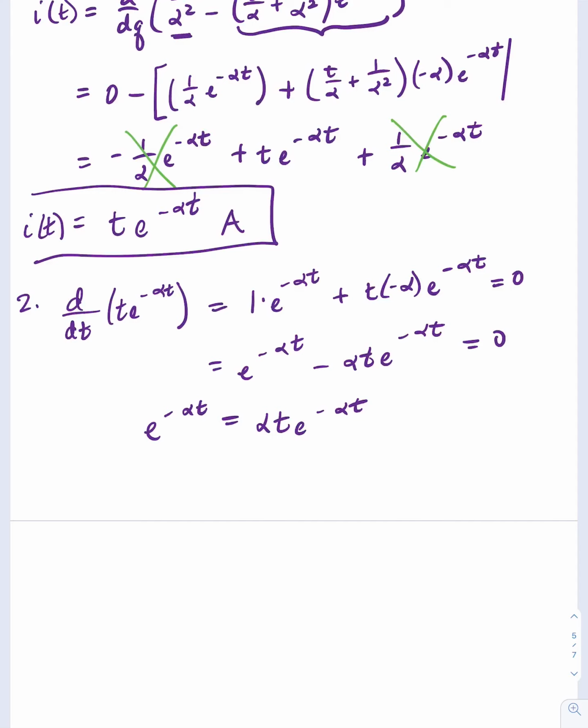And this and this cancel. So we have 1 is equal to alpha t. So that tells us at time t equal to 1 over alpha, current is max.